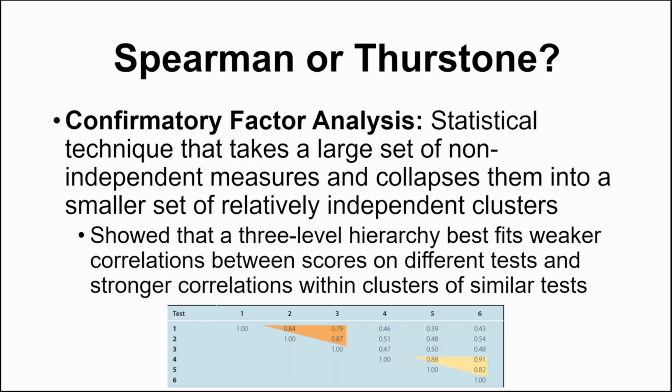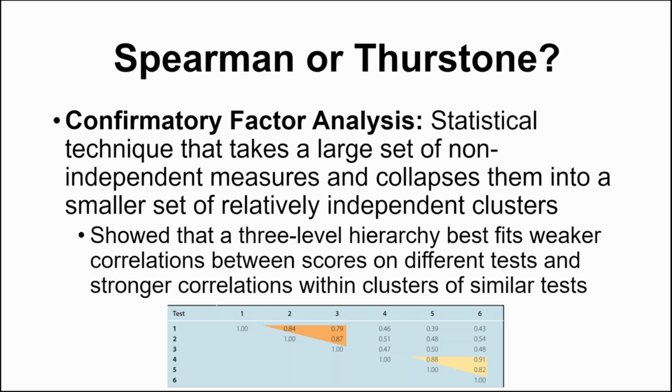So we'll find that we get these really strong correlations within our clusters of similar tests, where those scores are going to be more highly correlated within a group when they pull on an underlying ability. But we do still see the weaker correlation across all of them that's important to interpret and understand when we're trying to describe somebody's intellectual ability as a whole.